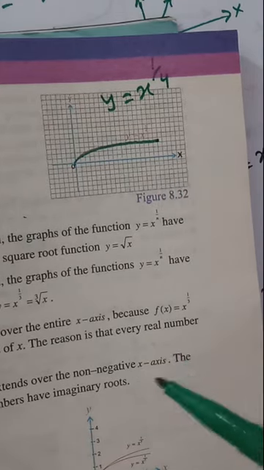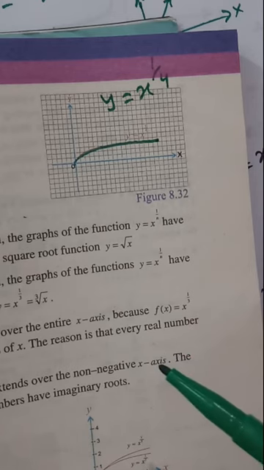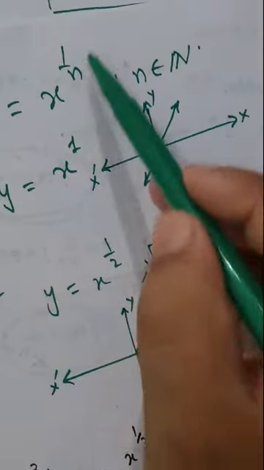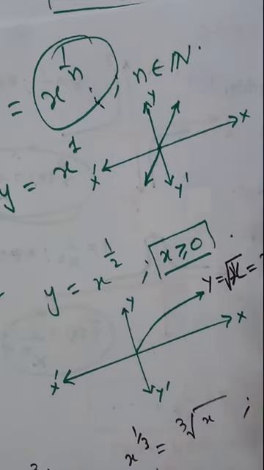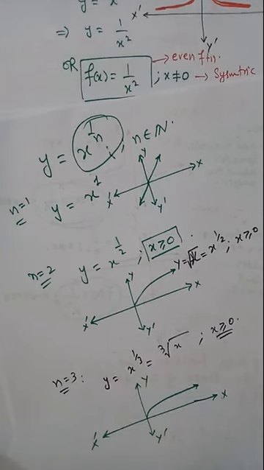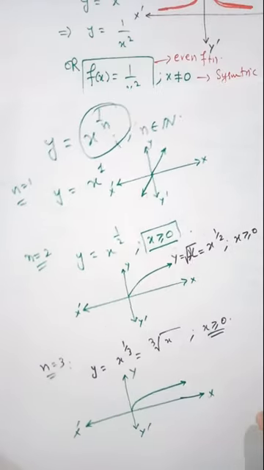So these are the graphs of the functions which are in the form y equal to x power 1 by n. You must remember the shapes.